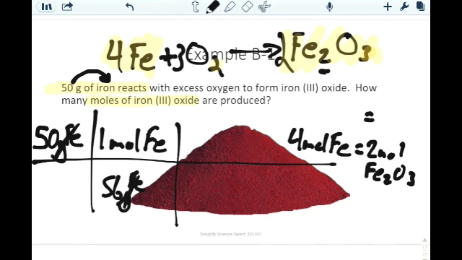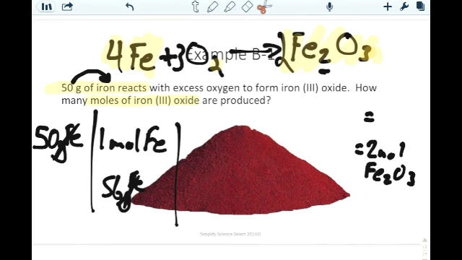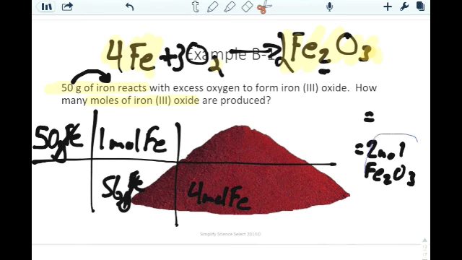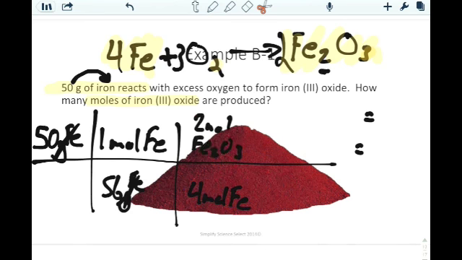Now we're in moles, and I'm converting from iron to iron 3 oxide, so I need my mole ratio. So 4 moles of iron would go on the bottom, and our 2 moles of iron 3 oxide would go on top. Cancels it out, and then all I do from here is just multiply out the top.